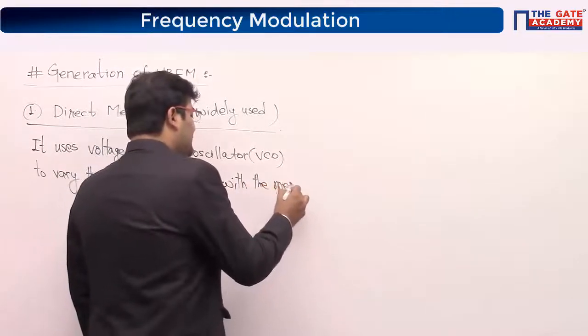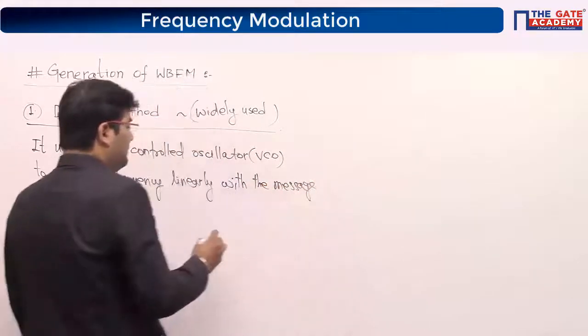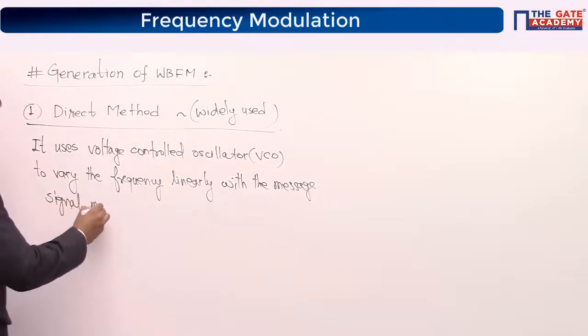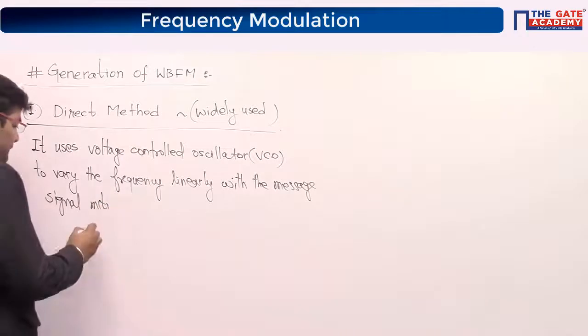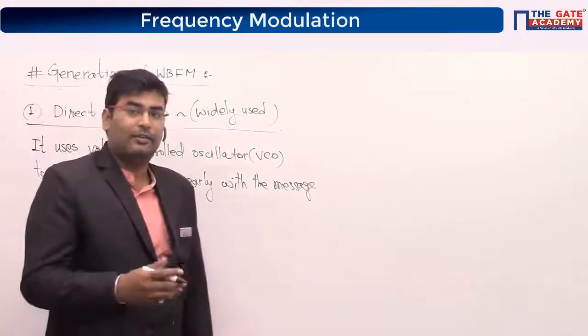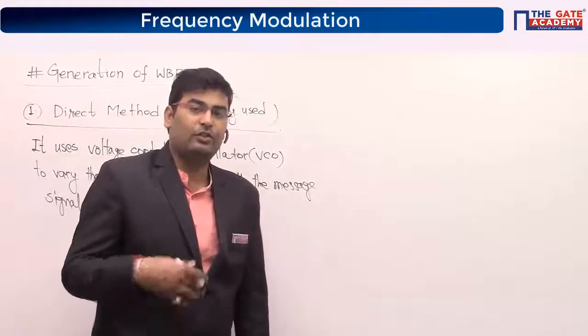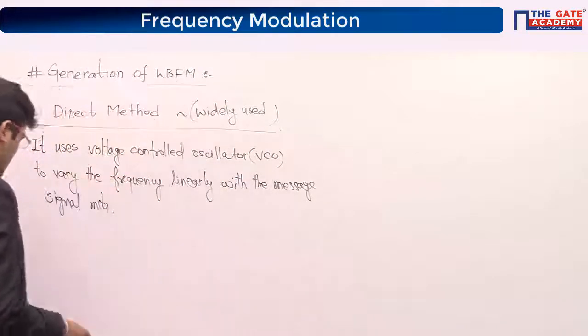In the last session, we already discussed that message signal variations are converted into frequency variation in FM. Right? So in this method, we actually use a VCO to do the same job.